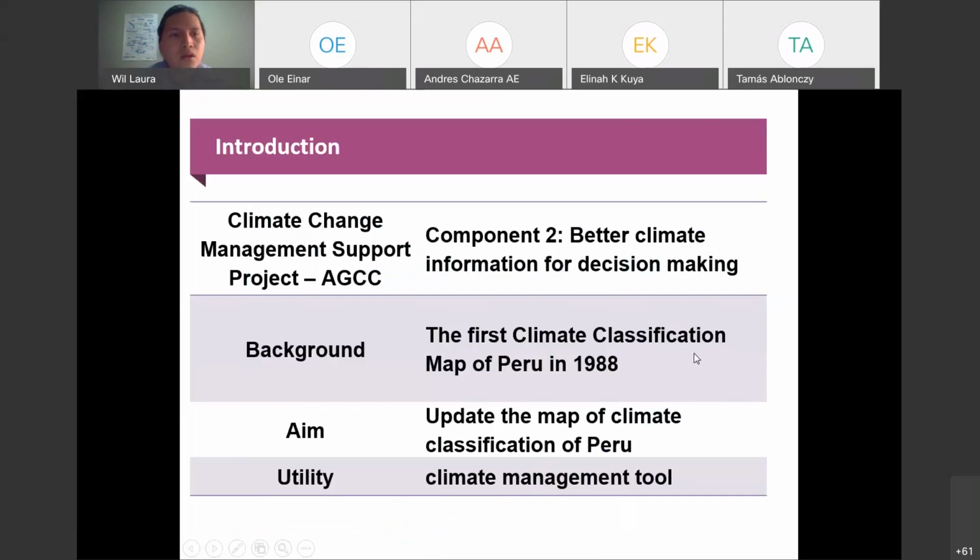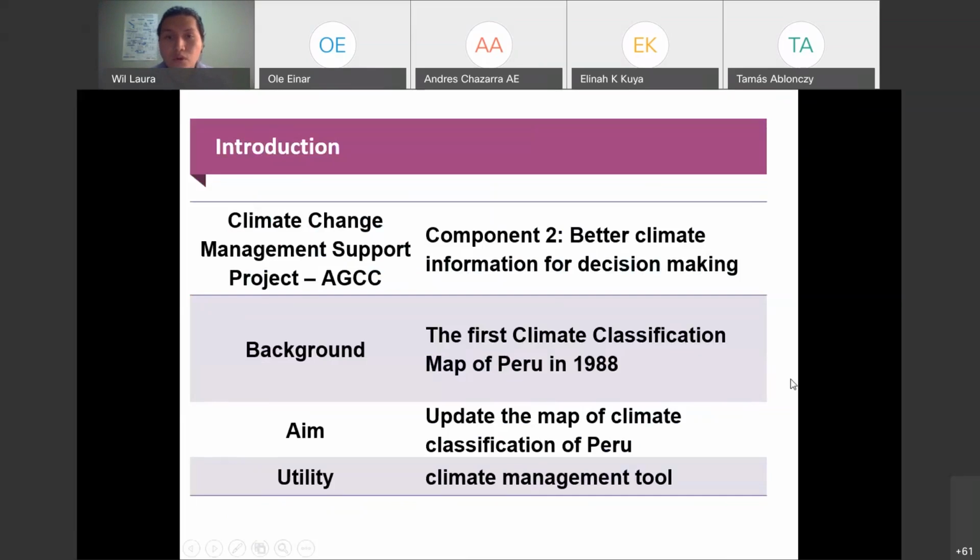So this work was one activity of the Climate Change Management Support Project that is funded by the Development Cooperation implemented by South North Development Institute for Global Change, and comes under the Ministry of Environment and the National Service of Meteorology and Hydrology of Peru.